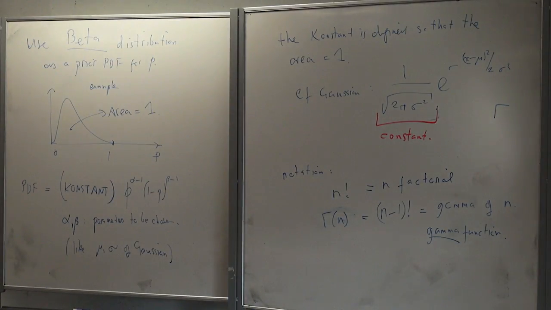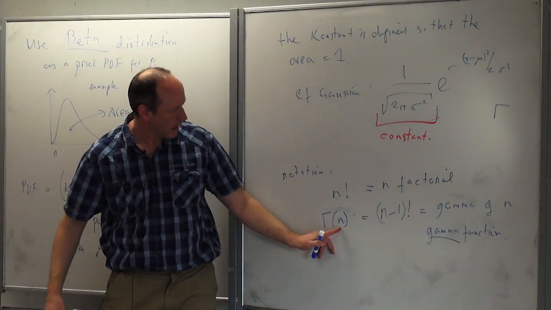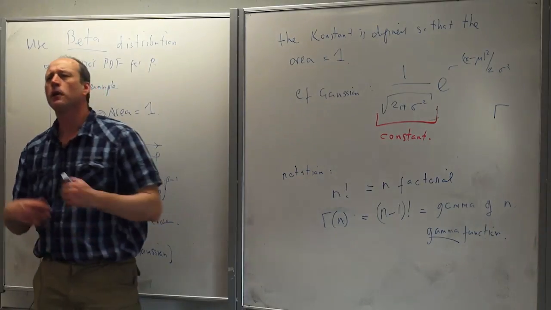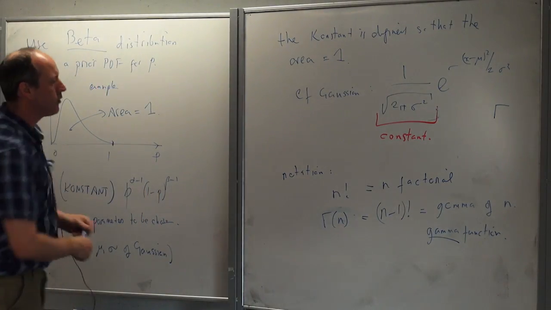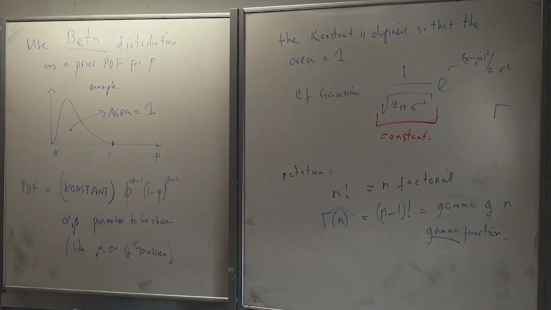Invented by Euler in the 18th century. They had the factorial function way, way before that; that's been known for thousands of years. He put this minus 1 in here. What Euler wanted to do was to define 1.5 factorial or 1.2 factorial, because you've got 1 factorial, 2 factorial, 3 factorial on the integers, and Euler wanted a factorial function that would work for any value, for 1.5 or 1.6 or 10.2.